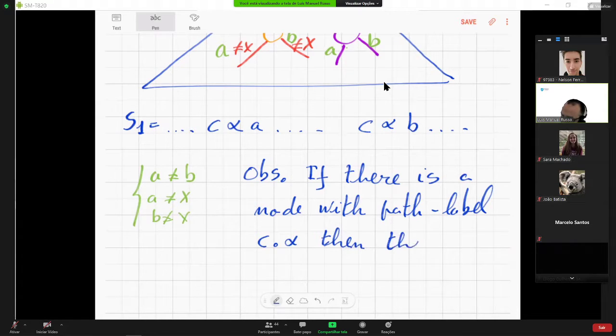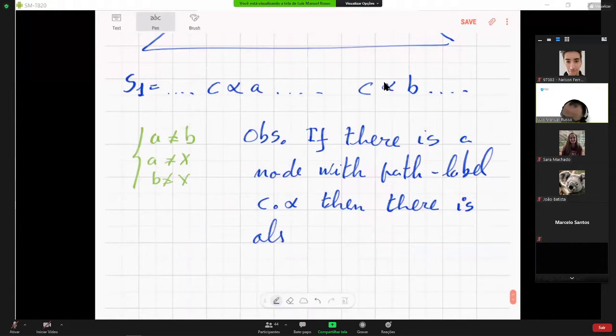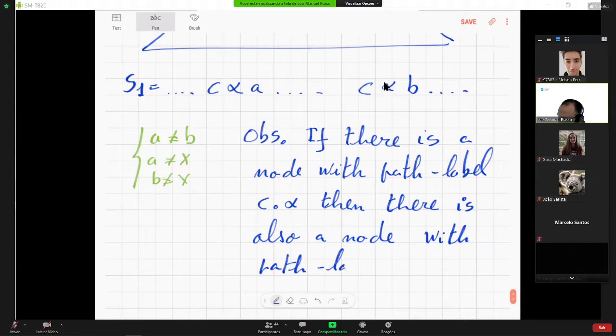there is also a node with path label just alpha.